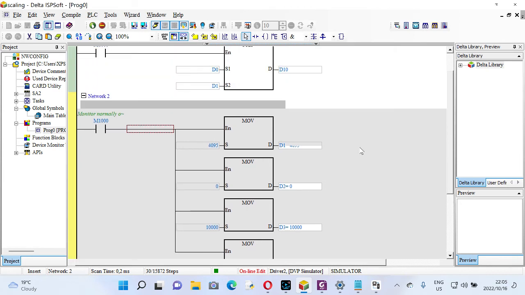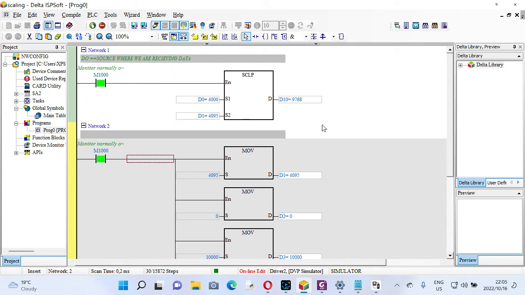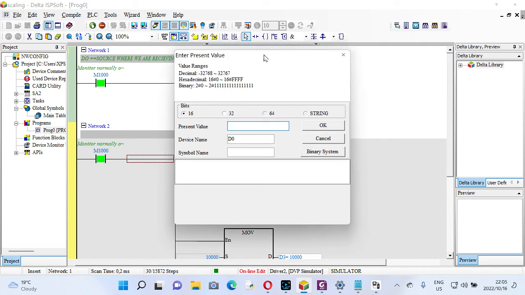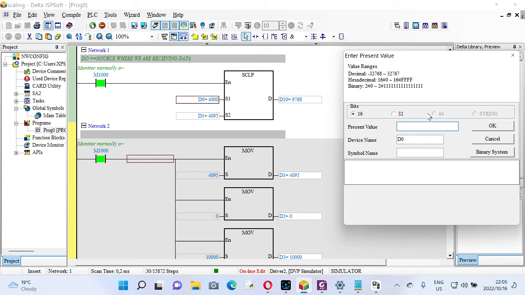Okay. We are back again in the game. So what it means, if I have got 4095, let me write it on the side here. If I have got 4095, I'm getting 10,000 now. What was our 50% by the way?